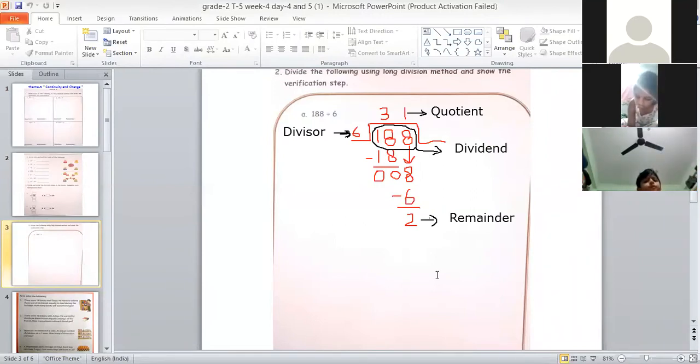The number by which it is divided is known as the divisor. Like 6 is our divisor and 188 is the dividend. Quotient and remainder you already know. I repeat, the number which is being divided is known as the dividend. The number from which it is divided is known as the divisor.